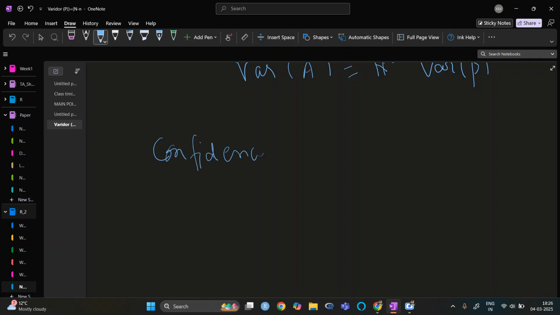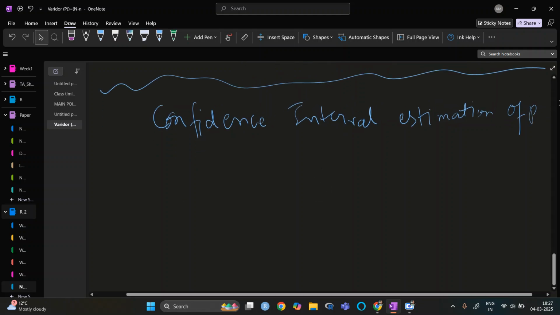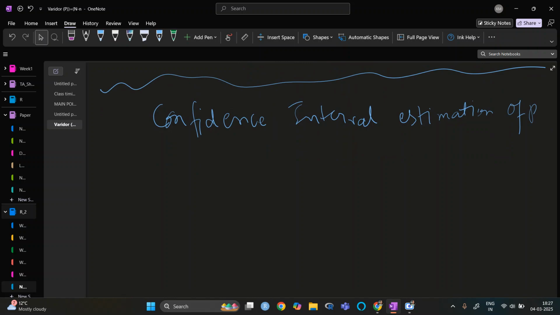Okay, so we will see the confidence interval estimation of p. As I have said, whatever we do for p, it is just 1 minus p for q, so we do not need to do that again.